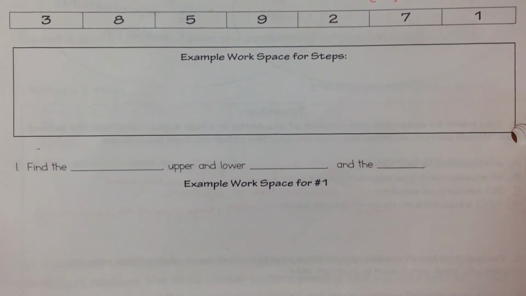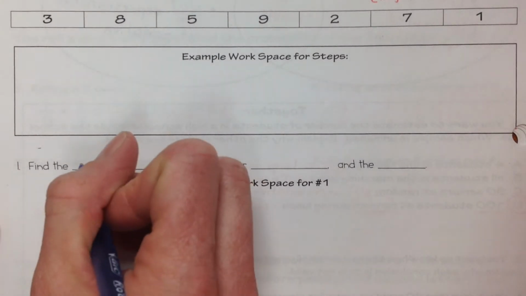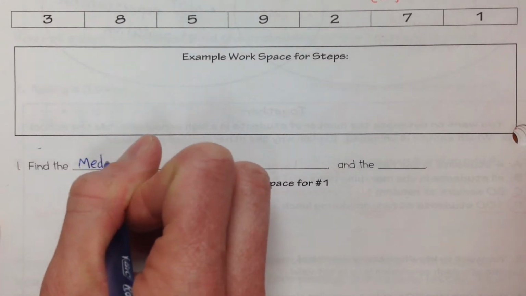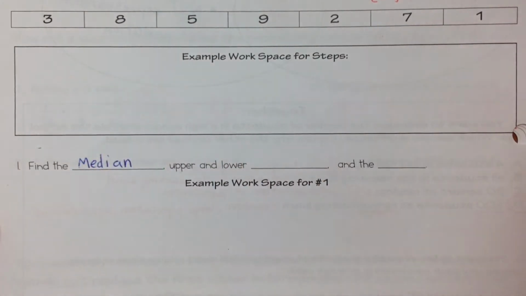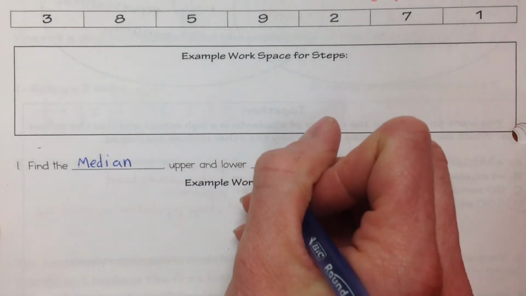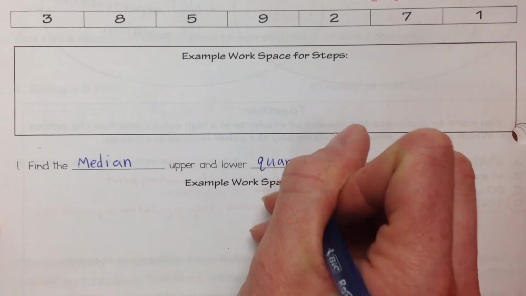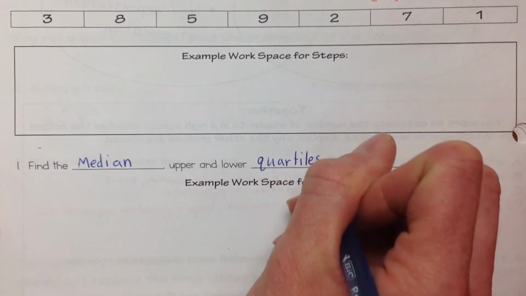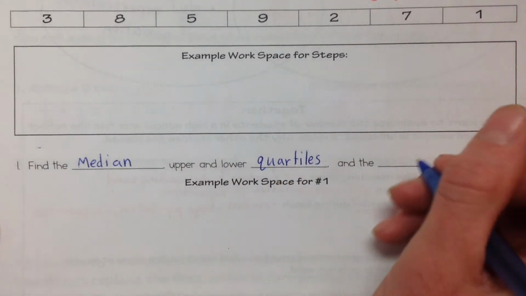So here it says the first step, find the median. It's the first step. We always find the median. Once we have found the median, we find the upper and lower quartiles and the extremes.